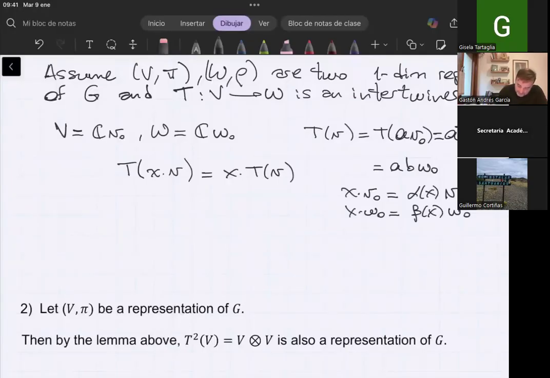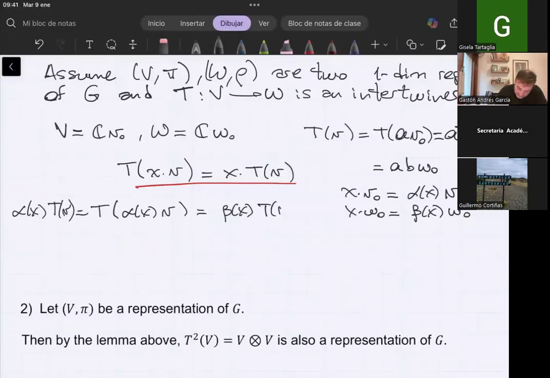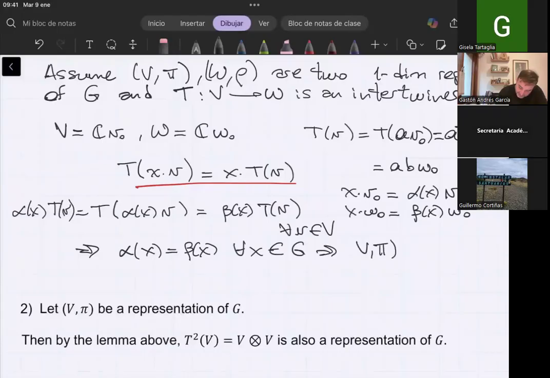So if we use this relation, then T of alpha of X of V is equal to alpha of X of T of V, and this is beta of X of T of V. This is true for any V in V, so it means that alpha of X has to be equal to beta of X for all X in G. So V pi is exactly equal to W rho.